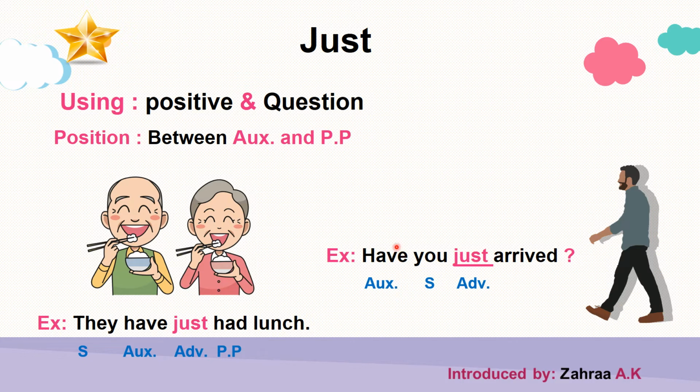So have is the auxiliary. you هو subject. Just arrived is the past participle.